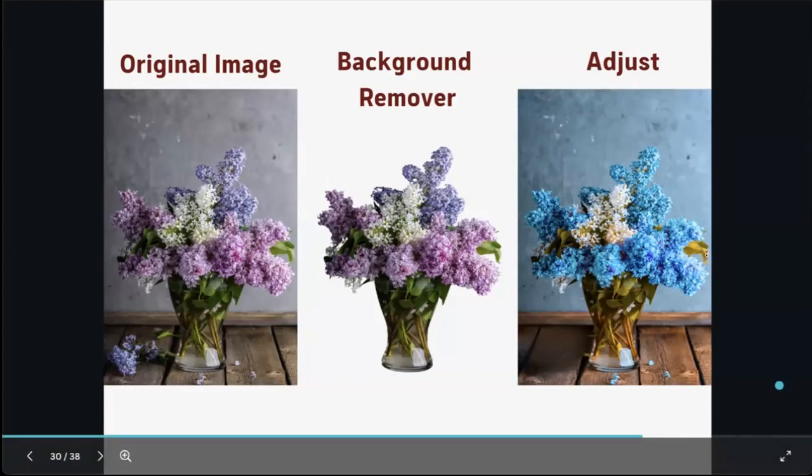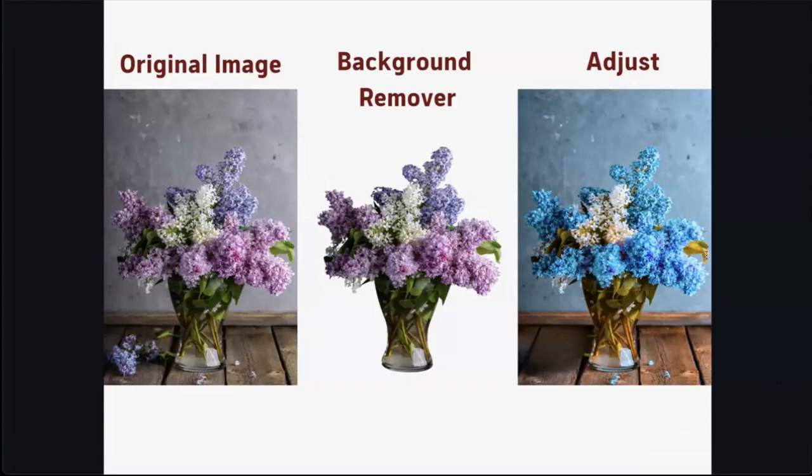Adjust allows you to adjust, kind of like in Photoshop, if you're familiar: brightness, contrast, hue, darks, whites, blacks, color, temperature, and tint. You can also do specific color edits and change the hue. So for this, I was able to take all of that nice little lilac-y purple and make it blue.